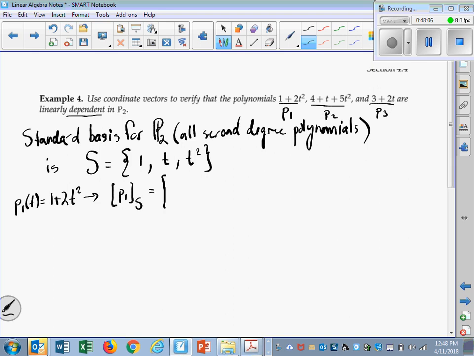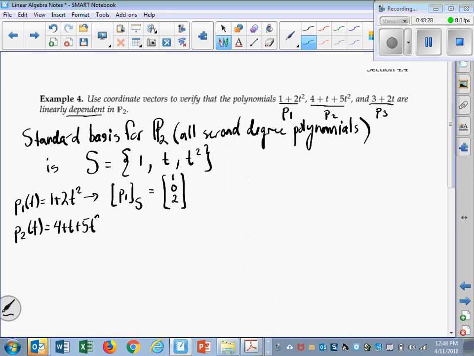Okay, well, what about P2? Let's write P2 here. That one is 4 plus t plus 5t squared. This is going to be P2 of S. That's going to be 4 in the constant, 1 in the linear, and 5 in the quadratic.